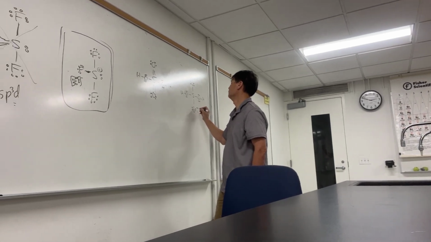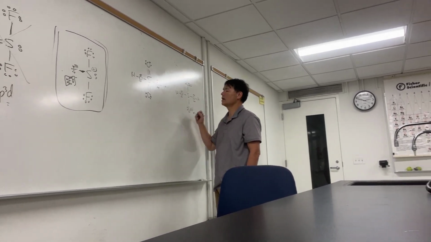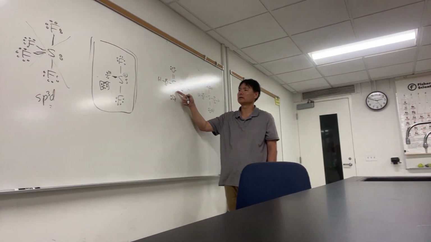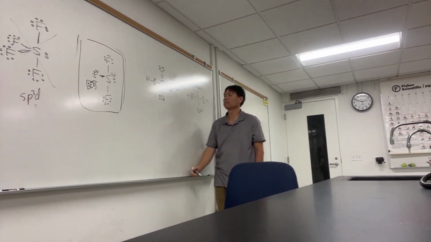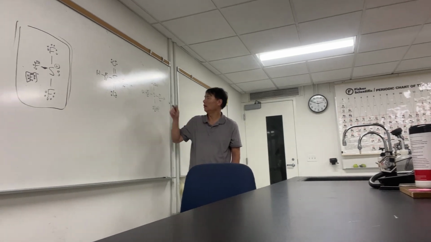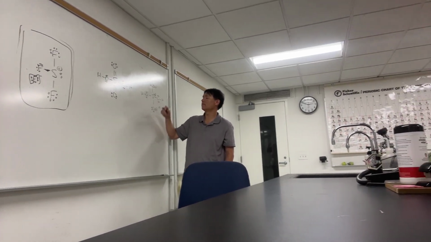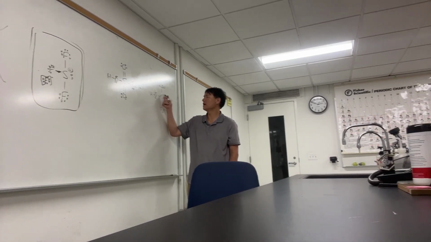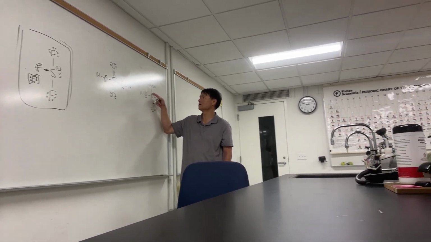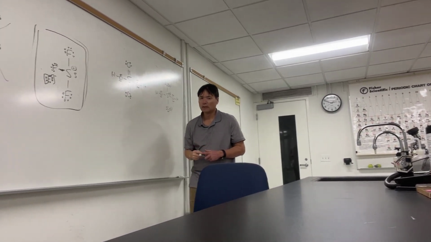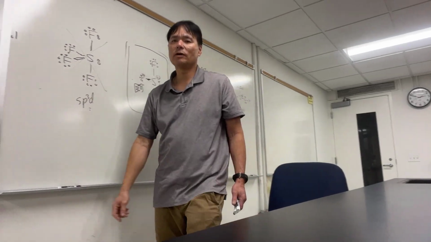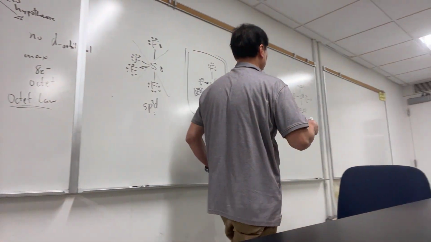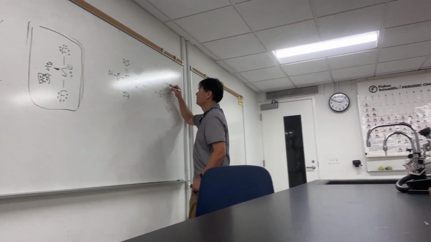So what they're saying is that we don't have to form 2p-d pi bonds. What we have is a mix of covalent and ionic bonding. So this might look like a single bond here, but this is not a single bond. This bond consists of one covalent bond here, which would be an sp3 sigma bond.